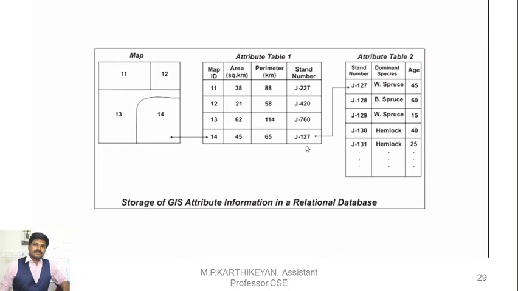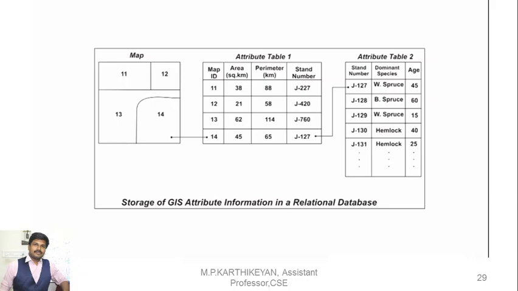Here it actually gives us an explanation of what a primary key and a foreign key are. Let me tell you clearly. A primary key belongs to a particular table. That primary key is very unique, and there should not be any repetition of those keys.